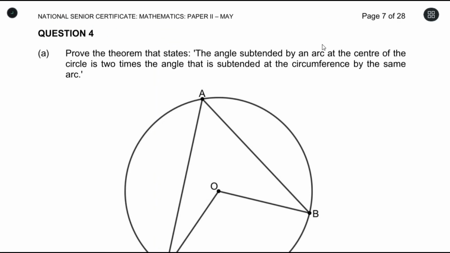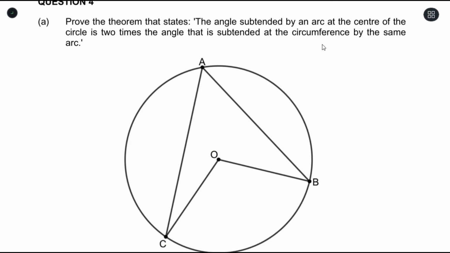So question 4. A says prove the theorem that states the angle subtended by an arc at the center of a circle is 2 times the angle that is subtended at the circumference by the same arc. Literally what we're trying to prove here is that if this is x, this is 2x.